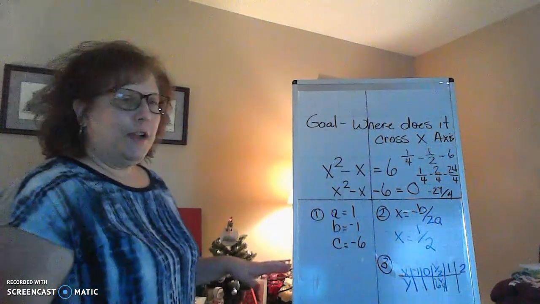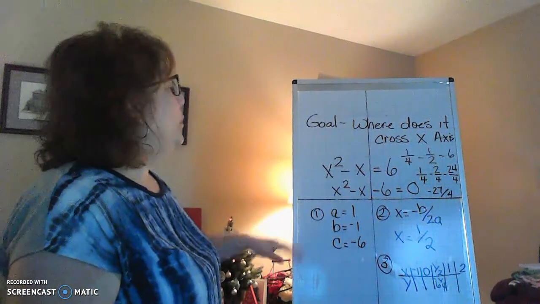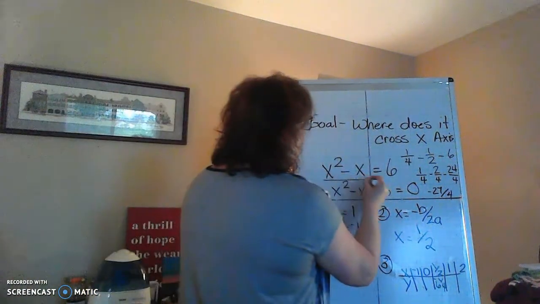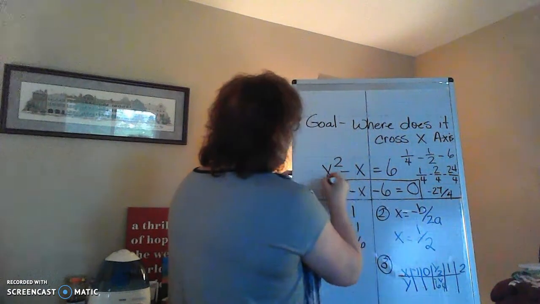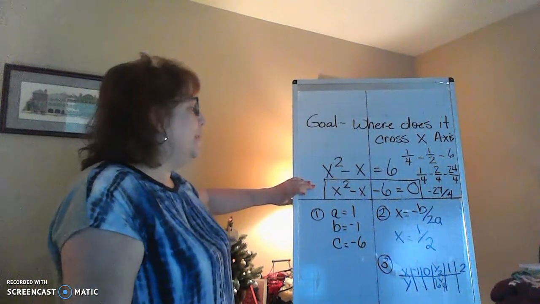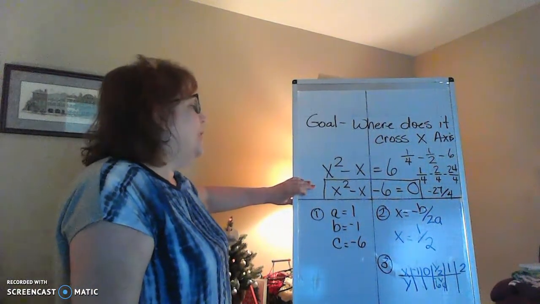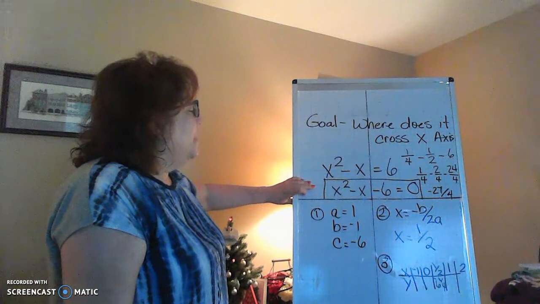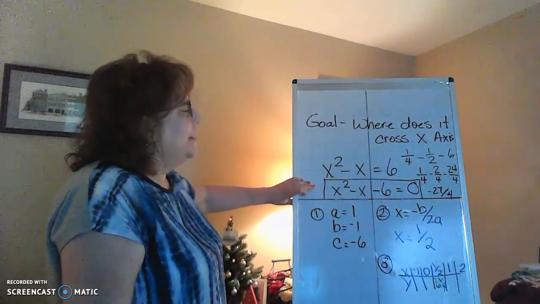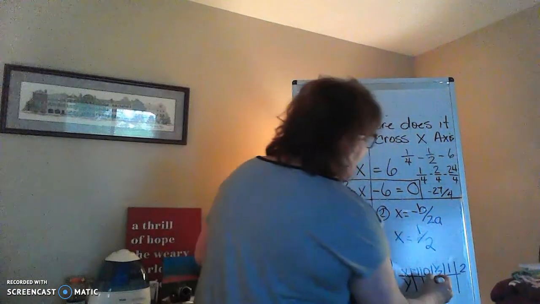Now that we've gotten the fraction piece out of the way, let's pop some whole numbers into this. So this is the one we're looking at. I know I've got a lot on the board. I wish I had a bigger board, but I don't. We're going to stick 0 in. So I am going to have 0 minus 0 minus 6. So -6.